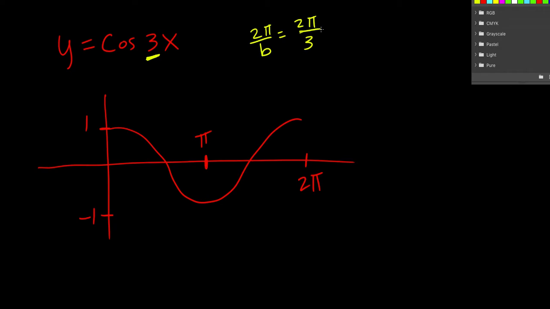Now we need to know where 2 pi thirds is. So this one would be pi halves, and this would be 3 pi halves. What we want to do is figure out where one period needs to go.